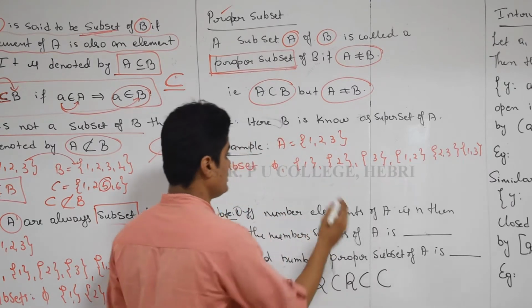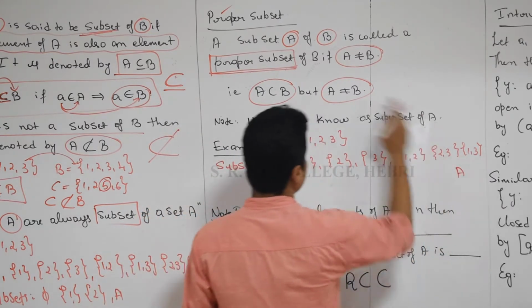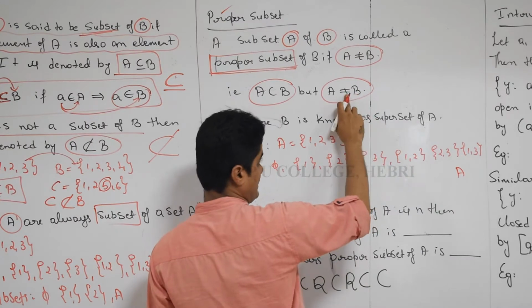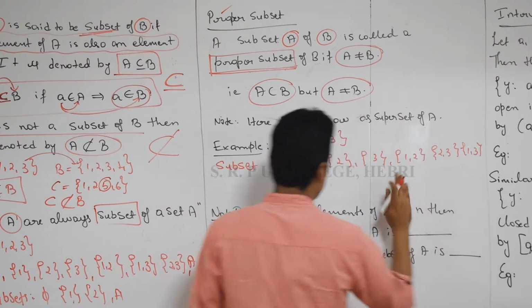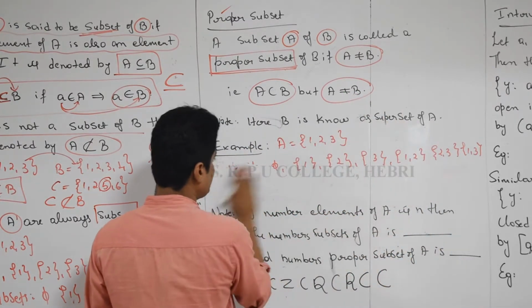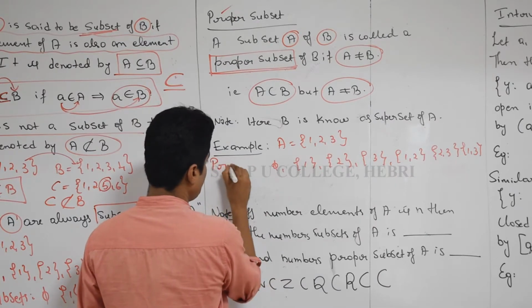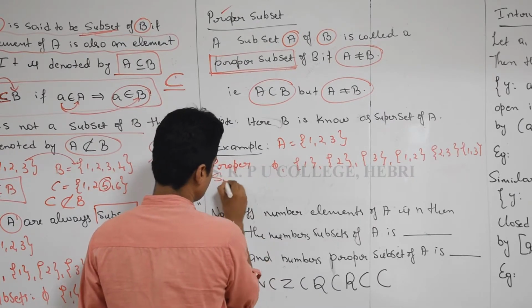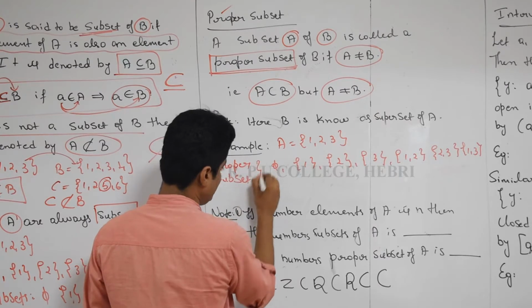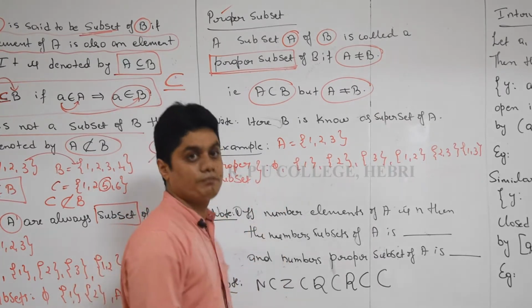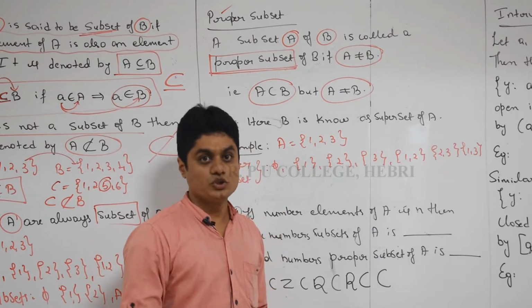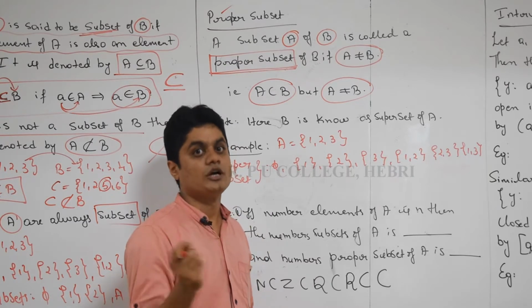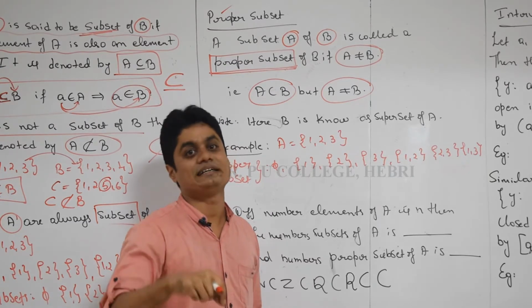Because if I write A, this A is equal to A, so this condition fails, so I should remove it. If I remove that A, this list will become the list of proper subsets. Remember that. So only one subset you have to remove to get the proper subsets, that is the set itself.